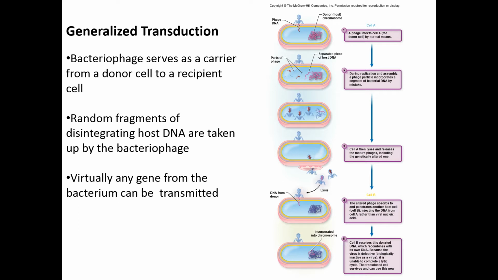Because it's transferring bacterial DNA and not viral DNA. Alright, so now this new DNA from the bacteria can combine with the host cell DNA through homologous recombination, and you get a recombinant bacterial cell.